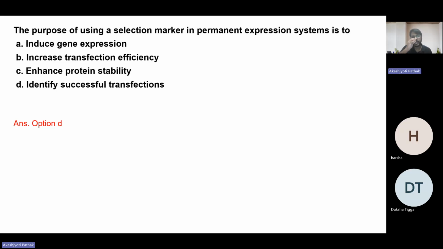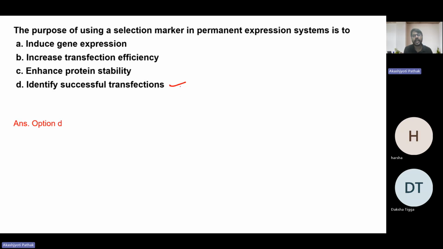Now, the purpose of using a selection marker in a permanent expression system is what? Why are you using a selection marker? Just now we discussed this. We are using it for identifying the successful transfection. Because if successful transfection has taken place, that means my recombinant plasmid has entered my host cell.